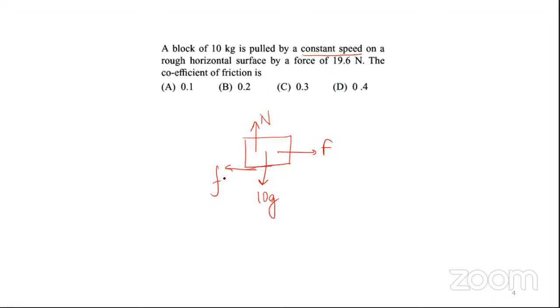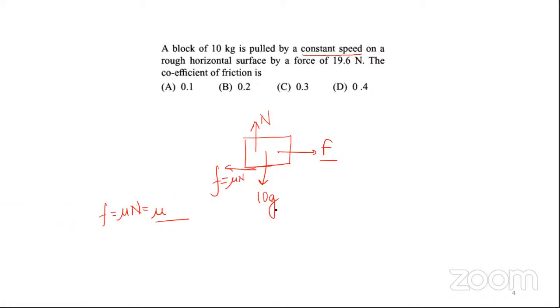Now this f is mu into N, which N is 10g, so this becomes mu into 10g. Now this force and this friction are equal in value, that is force is 19.6 over here. All right, just a second. I won't take g as 10 over here.